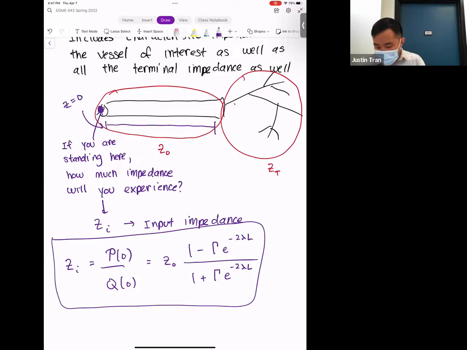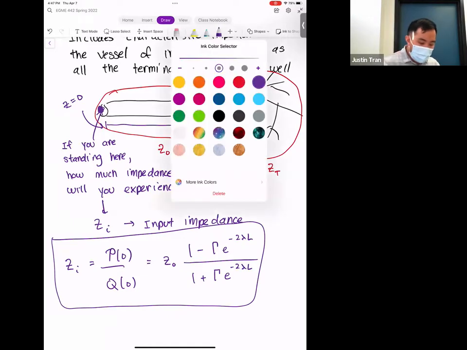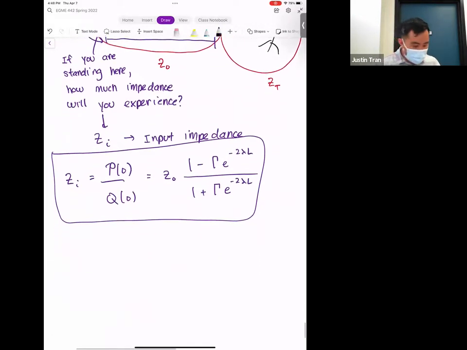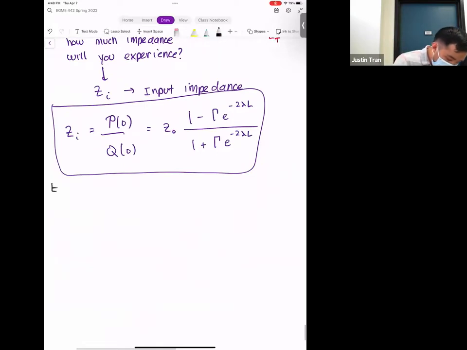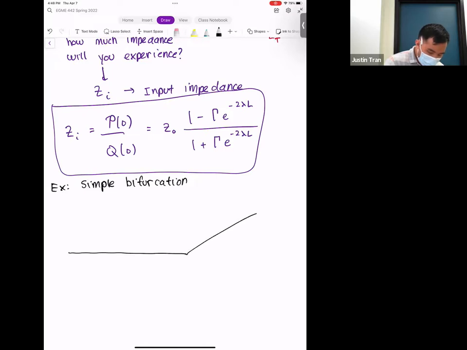Okay. All right, so let's do an example. Let's do a simple example to pull it all together. Okay, so let's do a simple bifurcation. So simple bifurcation, we have two vessels that look like that.